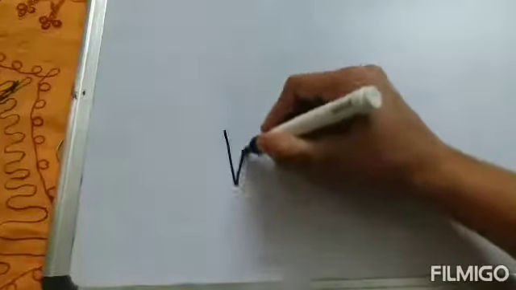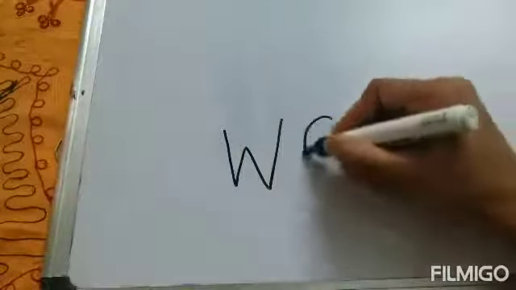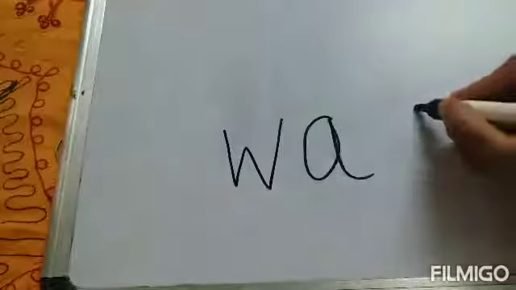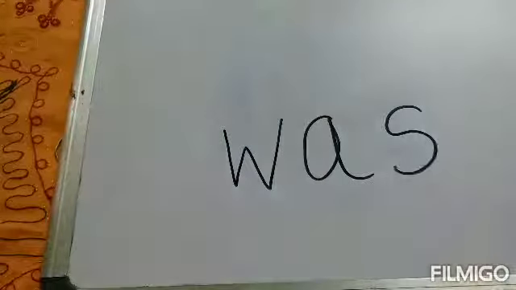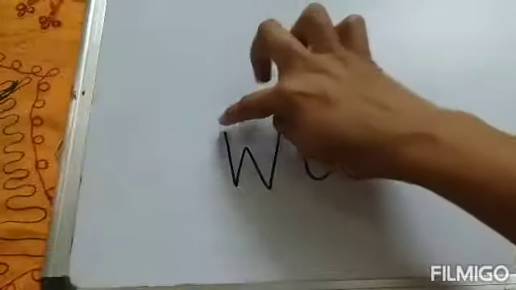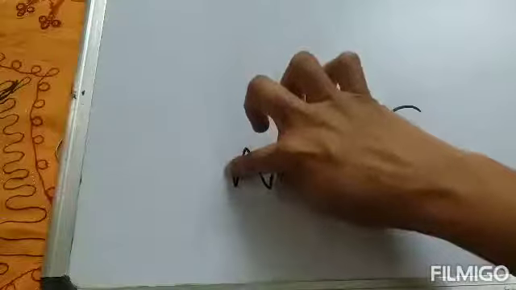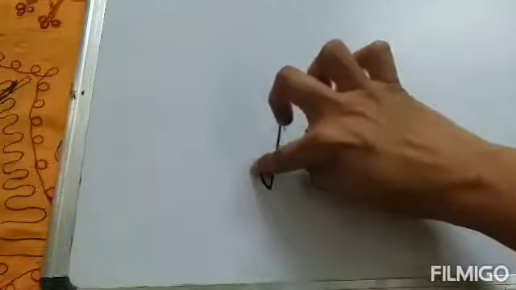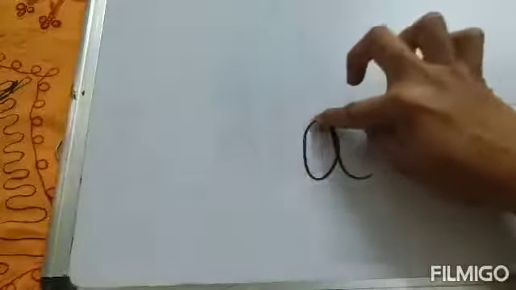The next method is that you take a whiteboard or a slate and write the sight word on it. You can take one sight word at a time and write the spelling of the sight word like this, and then ask them to trace it with their fingers. As they trace, they have to wipe it off like this, saying the letters W, A, S, was.